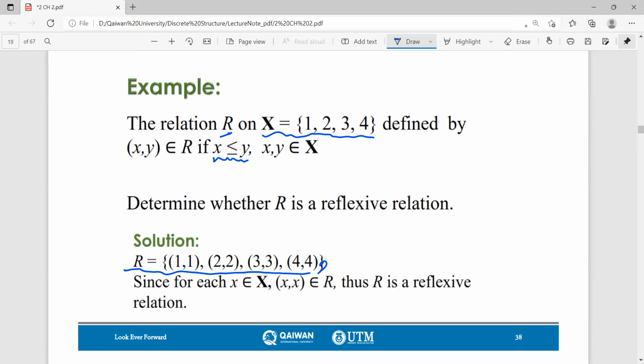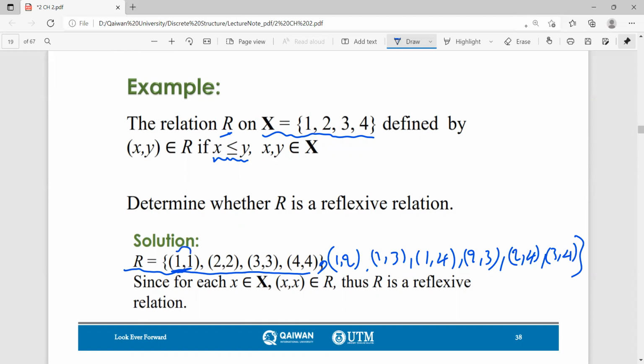Here we can take (1, 2) because 1 is less than or equal to 2, (1, 3), (1, 4), (2, 3), (2, 4), and also (3, 4). We have all these elements in the relation, but we just look for those elements where both numbers in the element are the same.